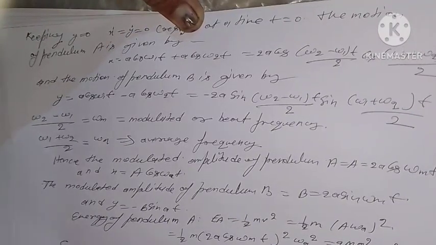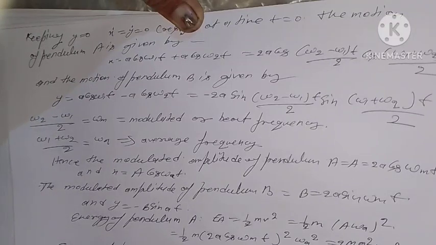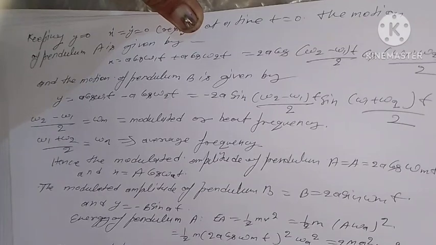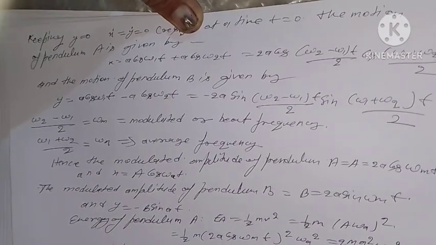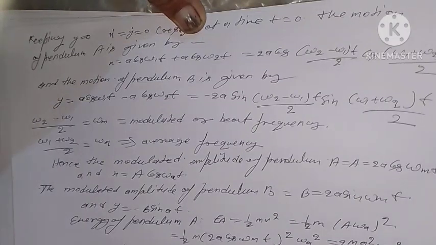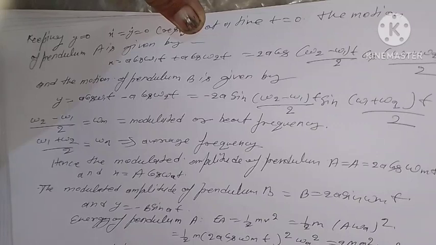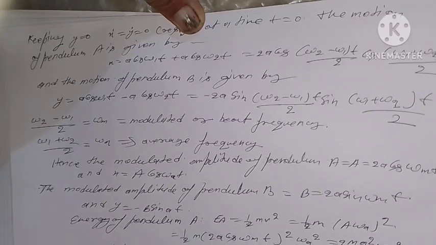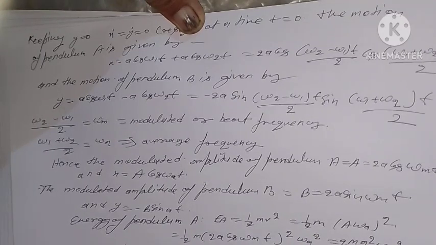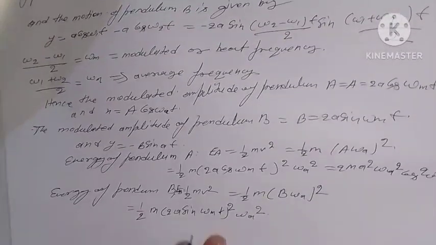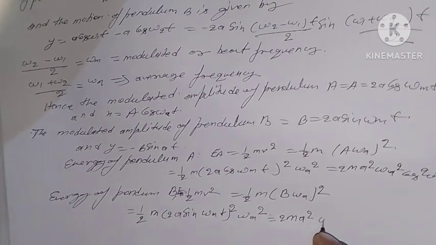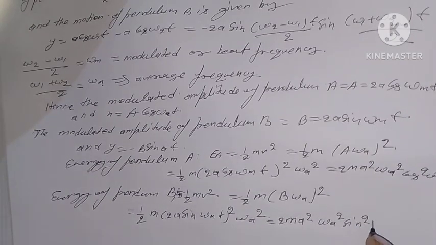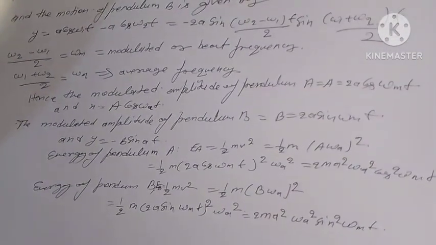Okay, and energy of pendulum B: EB equals half m v square, equals half m (b omega a) whole square, that is 1 by 2 m (2a sin omega m t) whole square omega a square, that is 2m a square omega a square sin square omega m t.